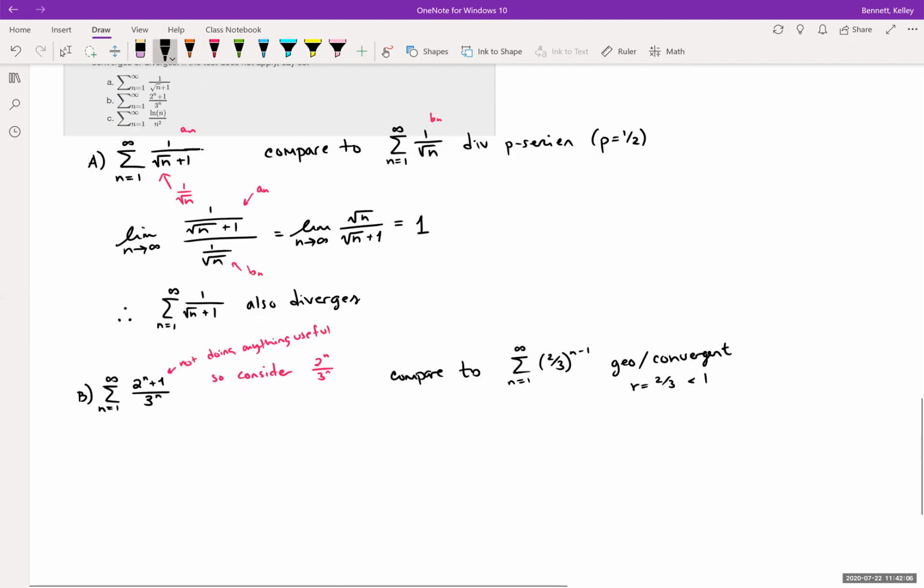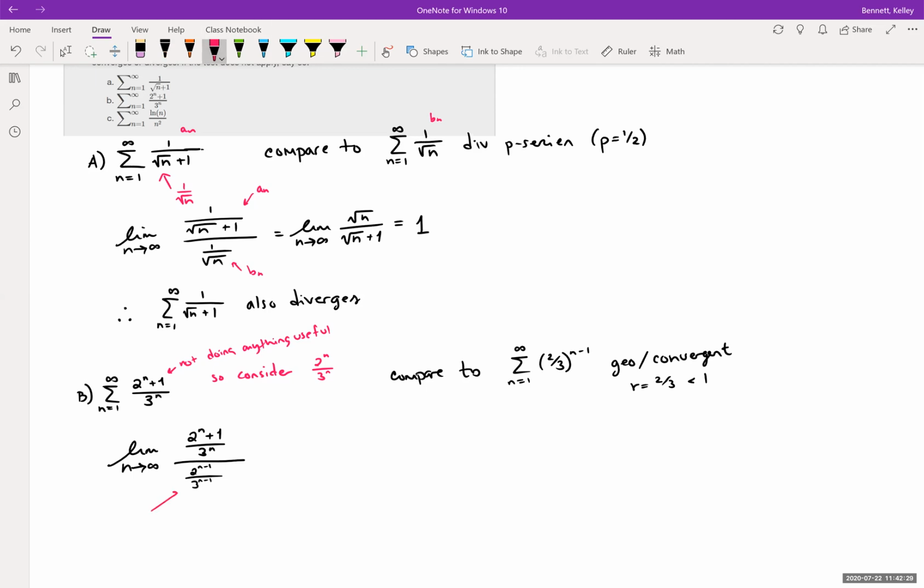So I want to take the limit as n goes to infinity of 2 to the n plus 1 over 3 to the n, over, I'm going to write this as 2 to the n minus 1 over 3 to the n minus 1.